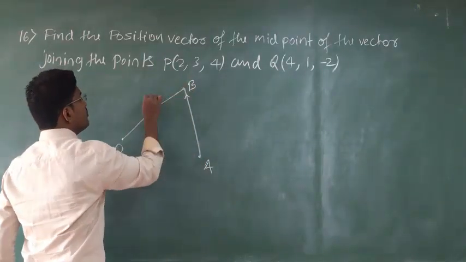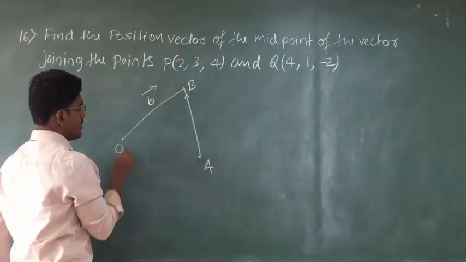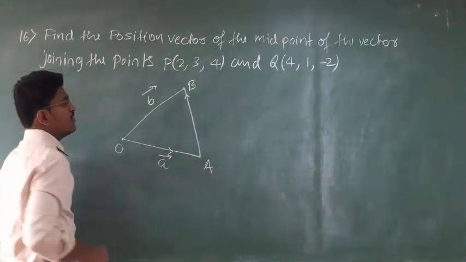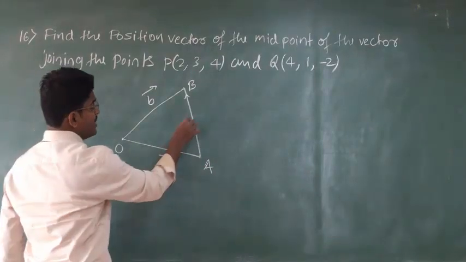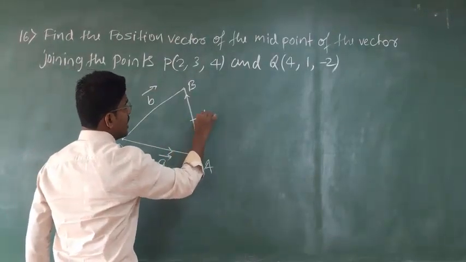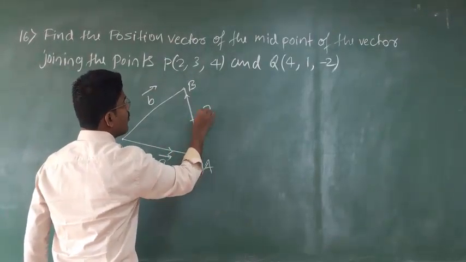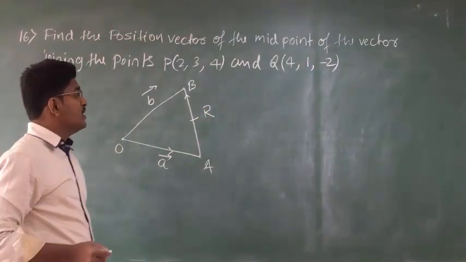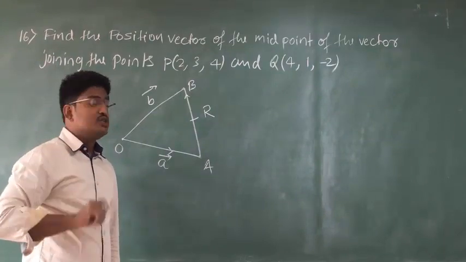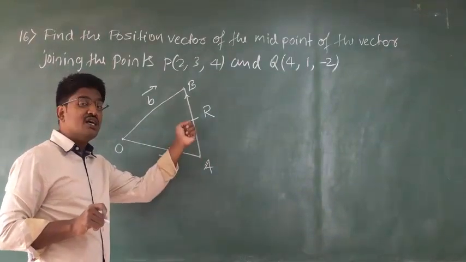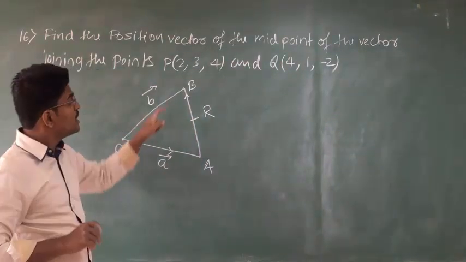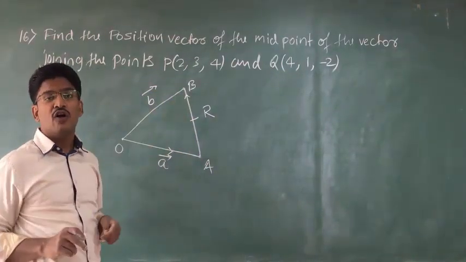OB is the position vector taken by vector B, OA is the position vector taken by vector A, and let us take point R as the point which divides internally, and point R is the midpoint of AB. This I have not discussed.